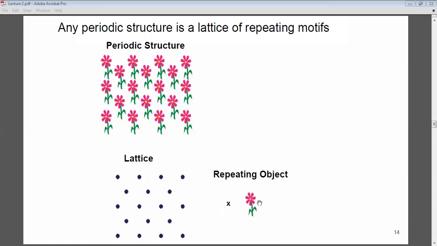So if we take this lattice over here and replace each point on it with a flower, we get the whole periodic structure drawn as lattice times the repeating structure, which is in this case a flower.